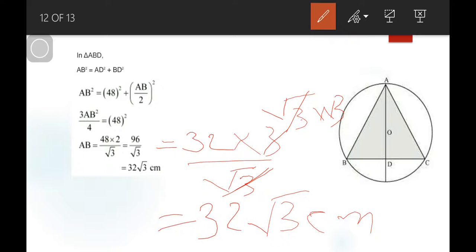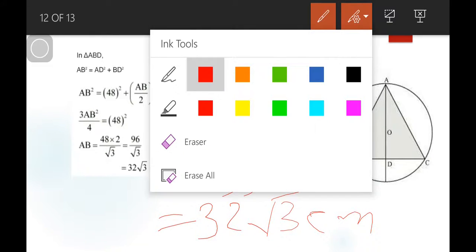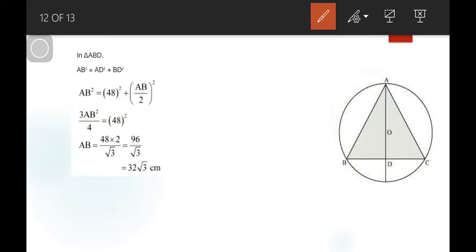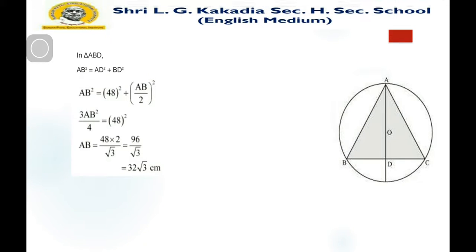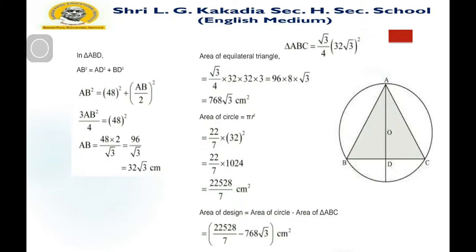So now we have side AB, so we can find the area of equilateral triangle ABC, which is equal to square root 3 by 4 into side square, that is 32 square root 3 all square. So square root 3 by 4 into 32 into 32 into 3 is equal to 96 into 8 into square root 3, which is 768 square root 3 centimeter square.